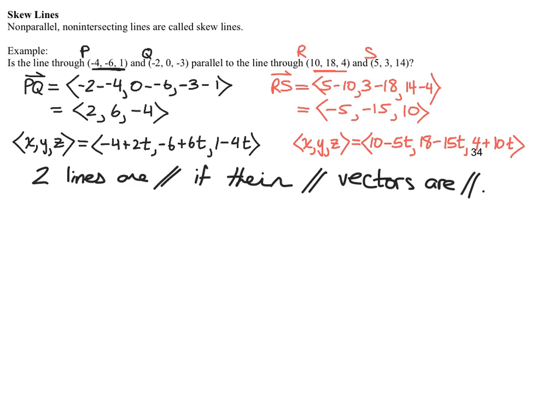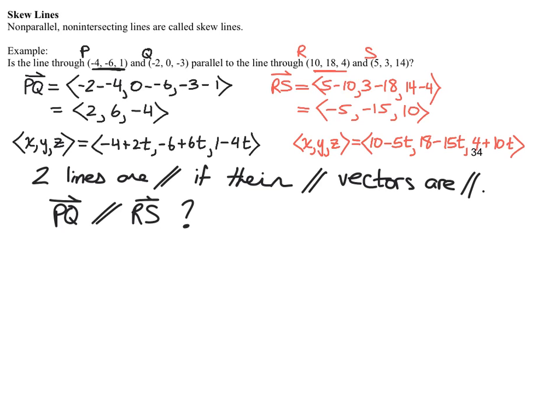It kind of almost feels like a fake definition where it's like, they're parallel if they're parallel, but it's really more than that because I'm looking at vector PQ. I want to know if that is parallel to vector RS. So what I want to know is what the simplified form of PQ would be.